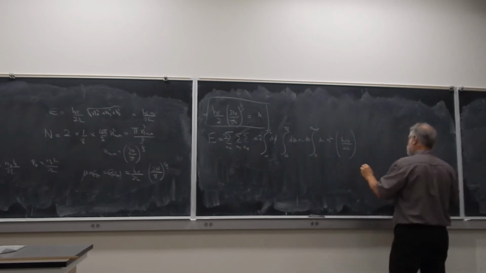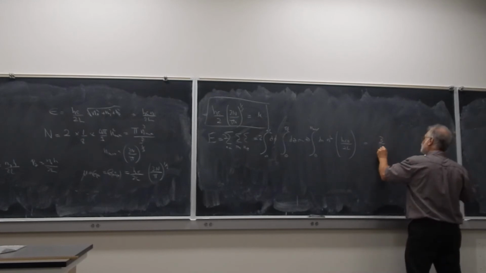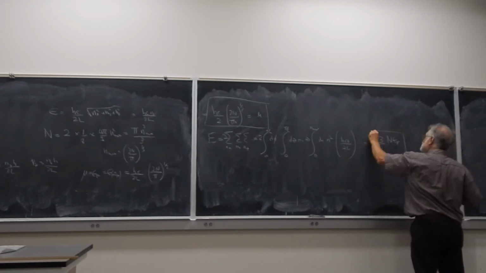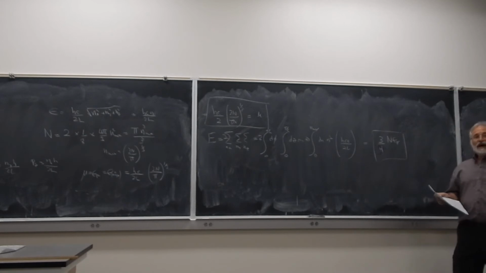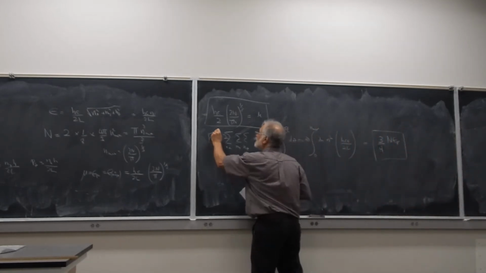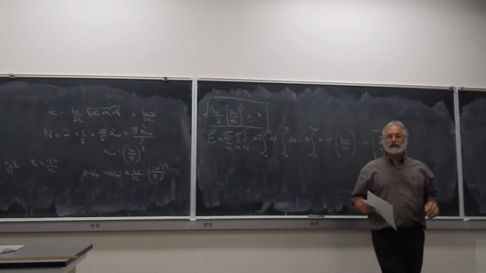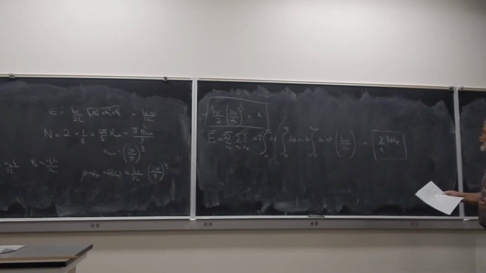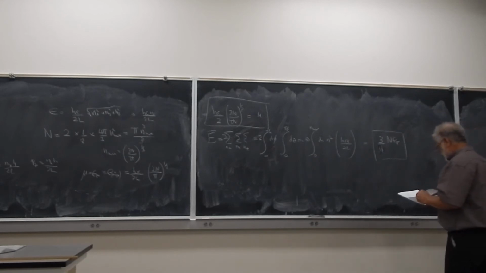I play all that through, and I'm going to get 3/4 N times the Fermi energy. So this is a real difference. What we found, the average energy for a non-relativistic degenerate gas was 3/5 times N times the Fermi energy. What we found this time is it's 3/4. Very interesting difference between the two.